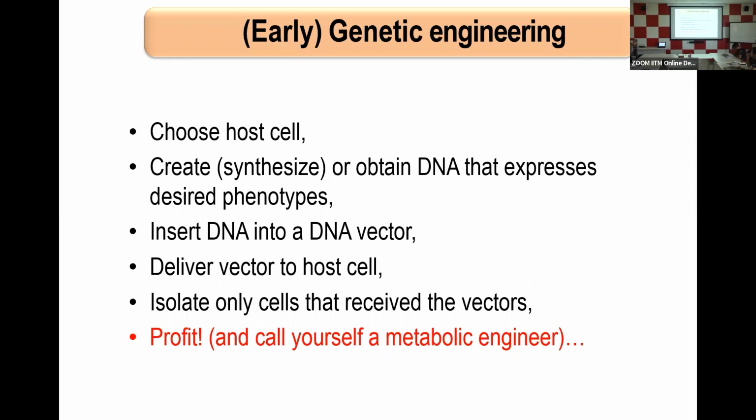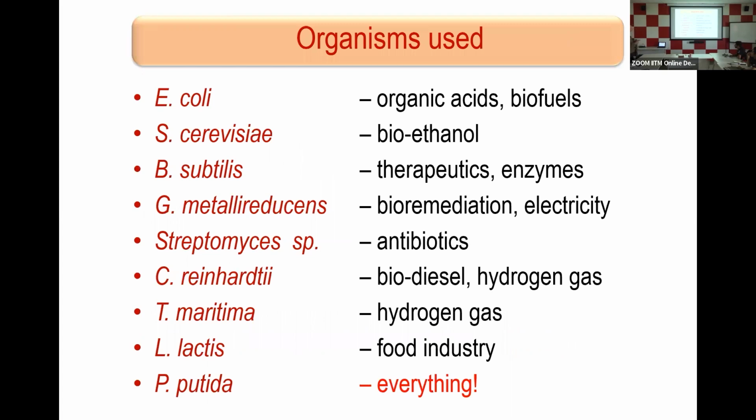So what we had to do at that time was to choose a host cell, identify DNA or genes that encoded a given phenotype, insert them into a DNA vector, put the vector in the host cell, isolate the cells that receive the vectors, and then hope that it will work. As you will learn in a few minutes, metabolic engineering is not that simple.